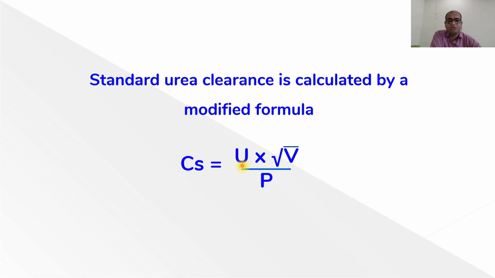Standard clearance is equal to U into under root of V upon P. This is a little bit difficult formula, so almost always we now do not do the urea clearance test. We always opt for creatinine clearance if there is a need.